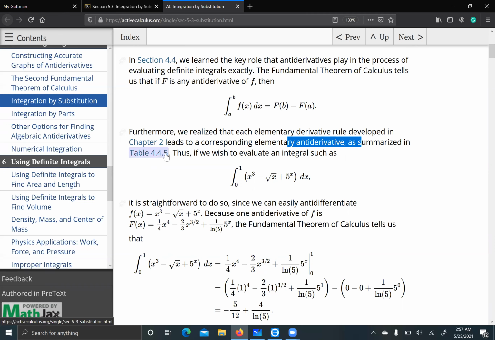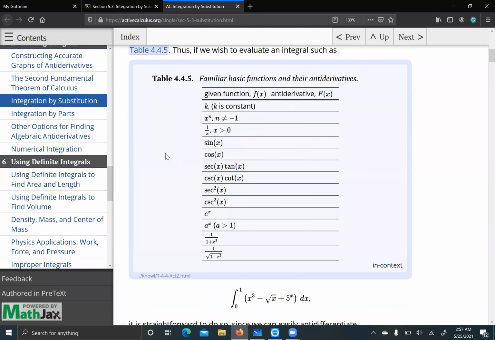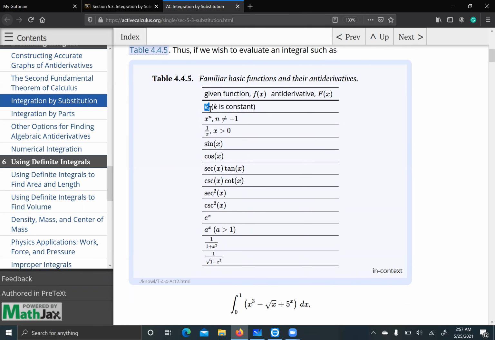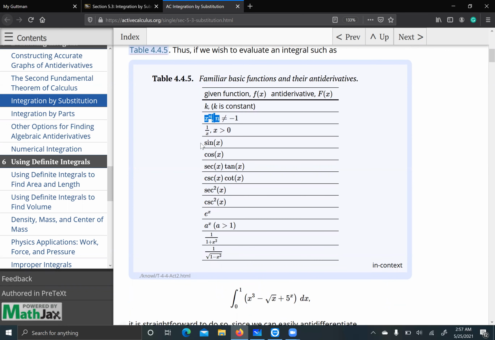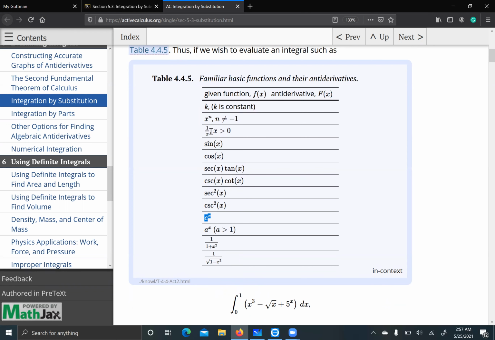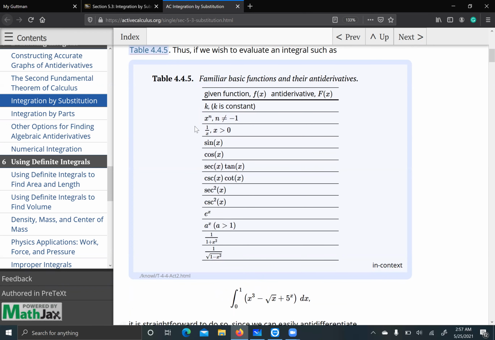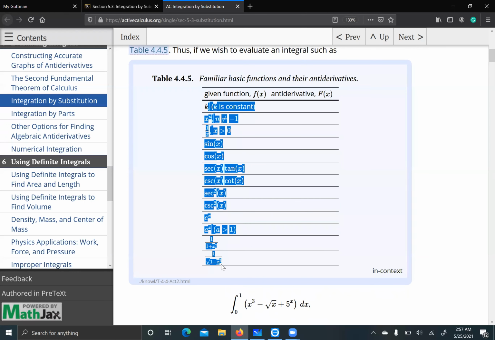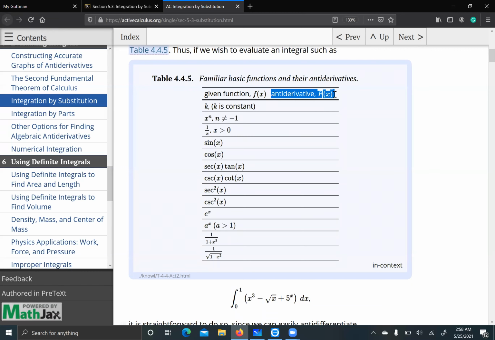For some basic functions, which are listed in this table, such as constant, power function, sine, cosine, secant, cosecant, e to the x, it is easy to compute their antiderivative because we can use their derivative rules. So I'm going to start with this.